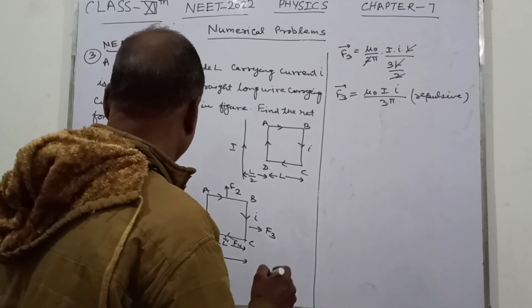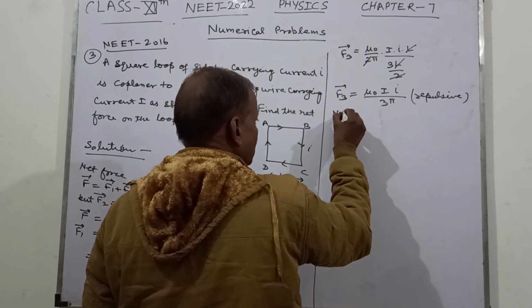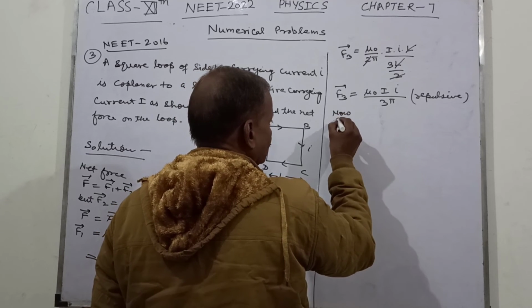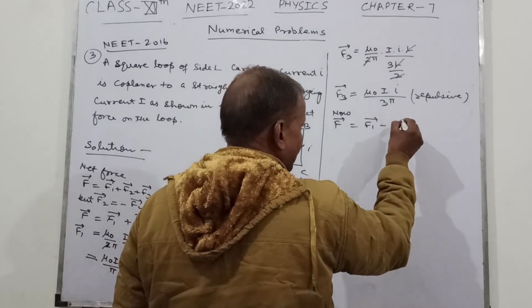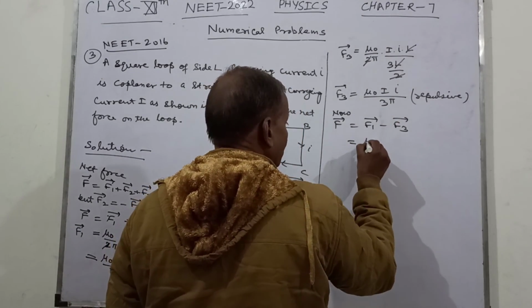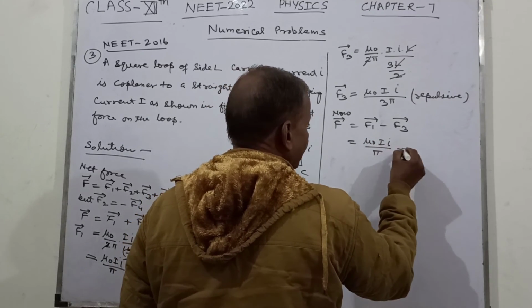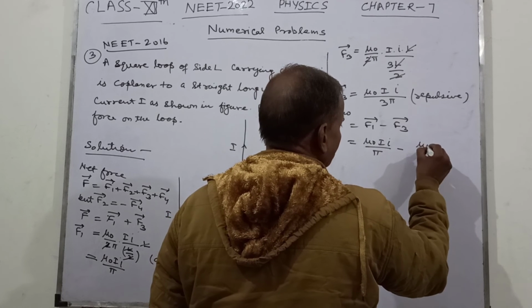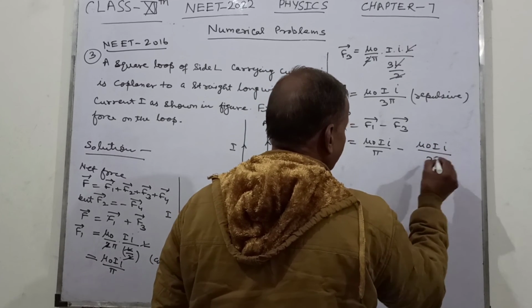Now then what we have? This F equal to F1 minus F3. So F1 is your mu naught I into I upon pi minus mu naught I into I upon 3 pi.